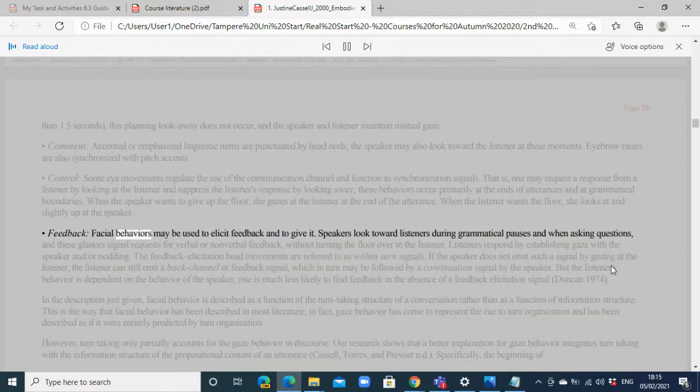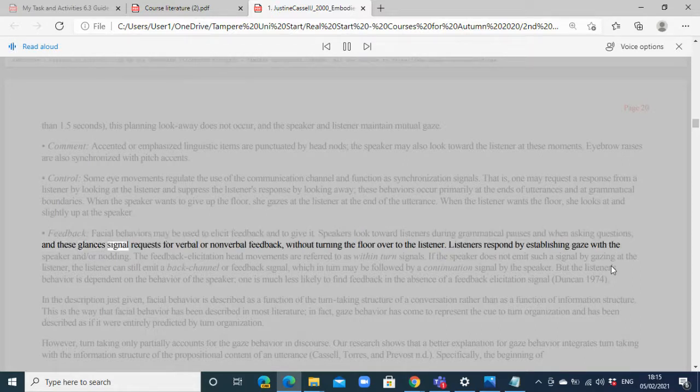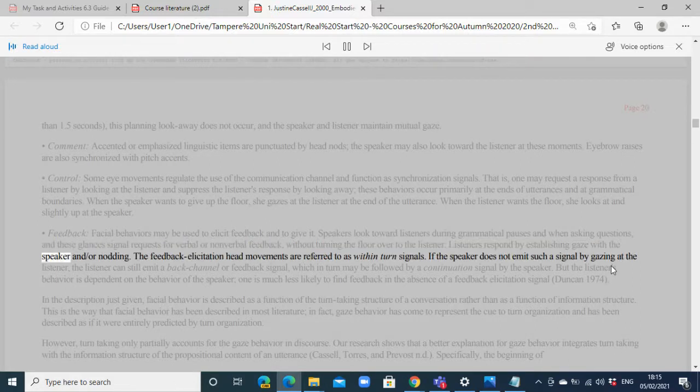Feedback. Facial behaviors may be used to elicit feedback and to give it. Speakers look toward listeners during grammatical pauses and when asking questions, and these glances signal requests for verbal or nonverbal feedback without turning the floor over to the listener. Listeners respond by establishing gaze with the speaker and/or nodding. The feedback elicitation head movements are referred to as within-turn signals.